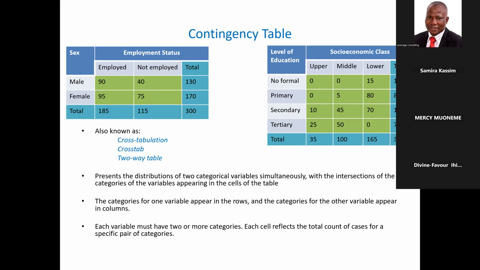Look at it now. In this sense, what they want to compare is employment status as the outcome and sex as the exposure. This second one is socioeconomic status as the outcome, level of education as the exposure. Now, the categories for one variable appear in the row, and the categories for the other variable appear in the column.